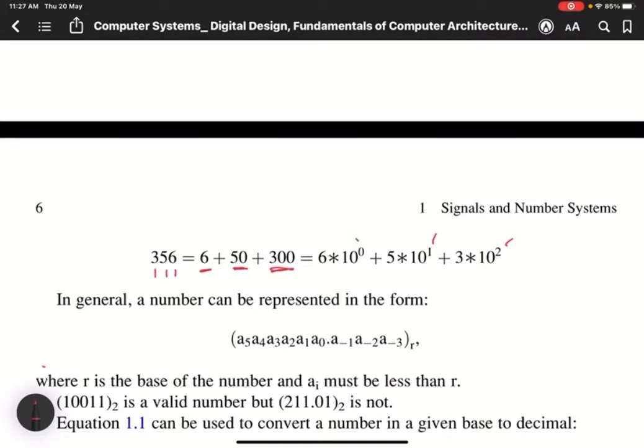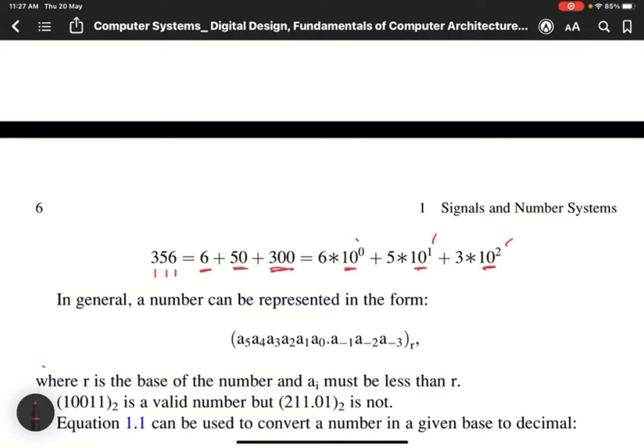Since we are in base 10, we will multiply the number by tens. Its exponent will depend on its position.